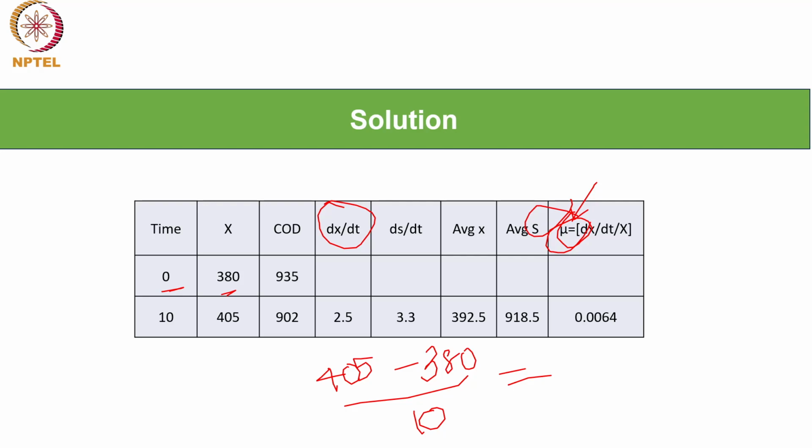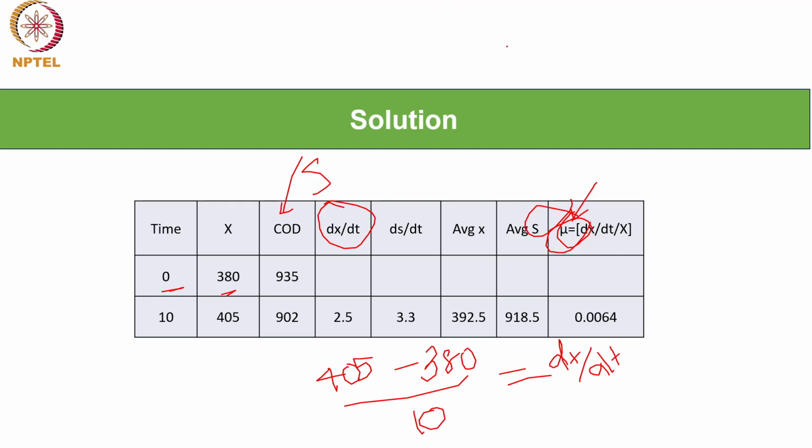Now you find what is your ds by dt. S is nothing but your substrate, that is your COD will be your substrate, S. So it is ds by dt, and this is dx by dt.